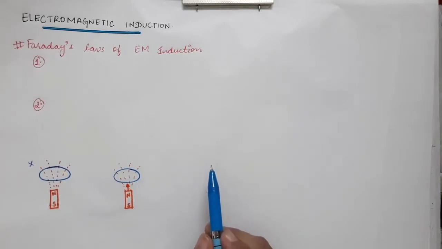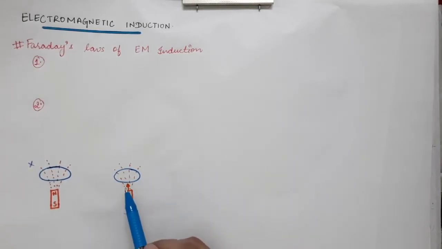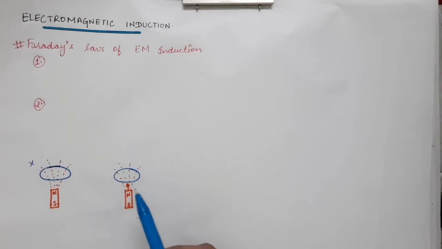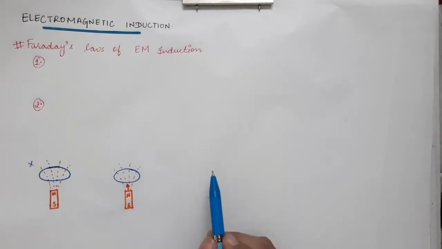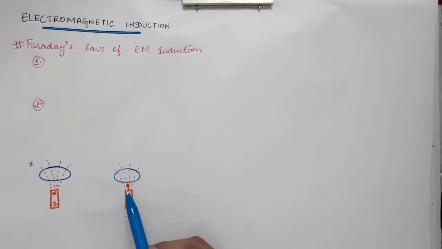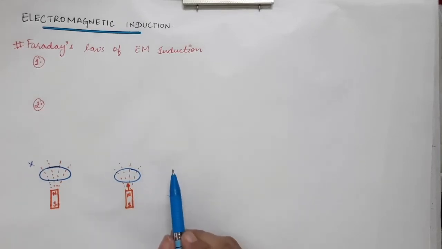But what happens if you start moving the magnet with respect to the loop, or in the opposite case, you can move the circular loop instead of the bar magnet? If the magnet starts moving with respect to the loop, an induced current is produced in this loop.